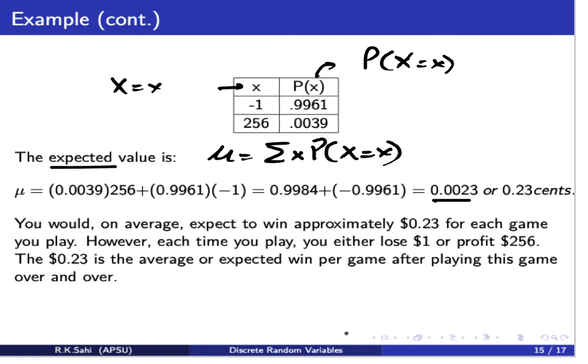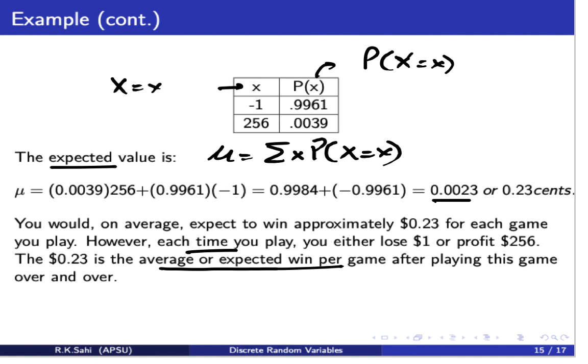However, each time you play, you either lose $1 or profit $256. So the 23 cents is the average or the expected win per game after playing this game over and over and over. Remember, it's probability. If you play the game a lot of times, on average, that's what the results would be.